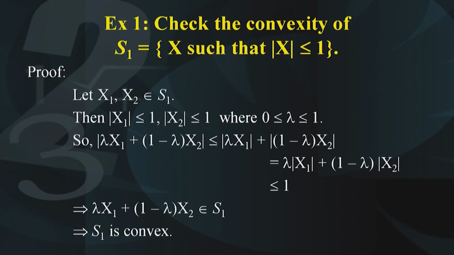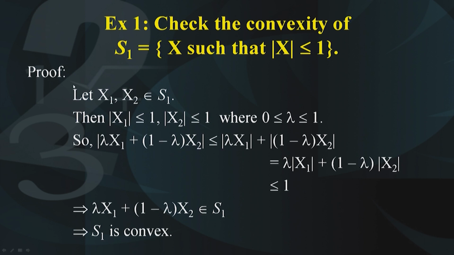In order to show that this is a convex set, we will take any 2 points x1 and x2 belonging to the set S1, and since x1 belongs to S1, it satisfies the condition that modulus of x1 is less than or equal to 1. Similarly, modulus of x2 should be less than or equal to 1, because both of them belong to the set S1, and we have to make sure that lambda lies between 0 and 1, both inclusive.